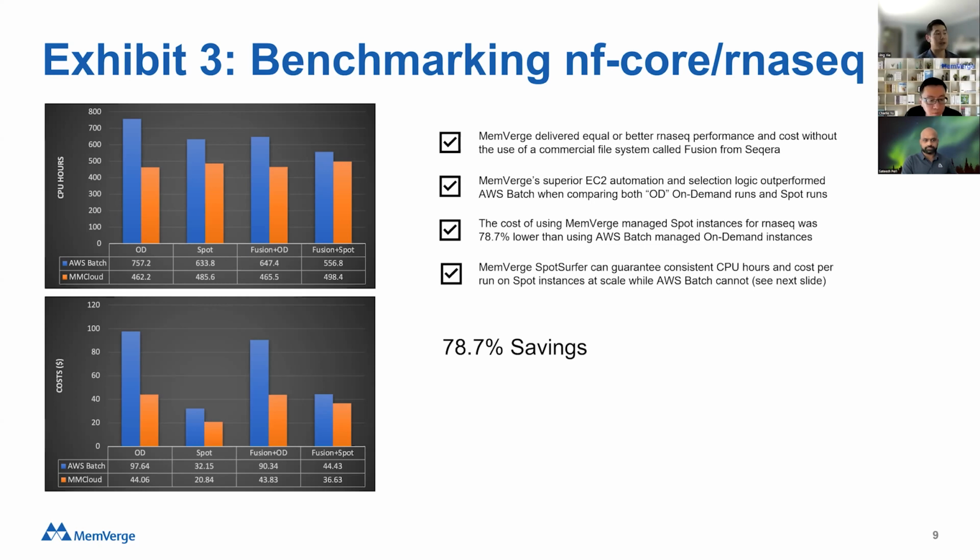We generally are running with only the right-sized VM that you need for each and every job, and we're not over-provisioning the size of the VM for the jobs that we're running. And so these are some of the factors that also contributed to this dramatic benefit in terms of the cost versus the runtime.